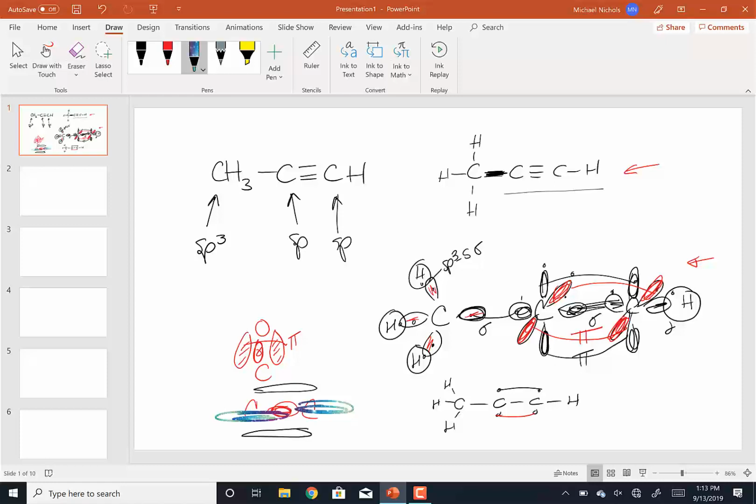So it's basically a hot dog in 2 buns. Right, if you took the 2 buns and you went like this, and then you put the other 2 buns like this, then the sigma bond would be in the center of it.